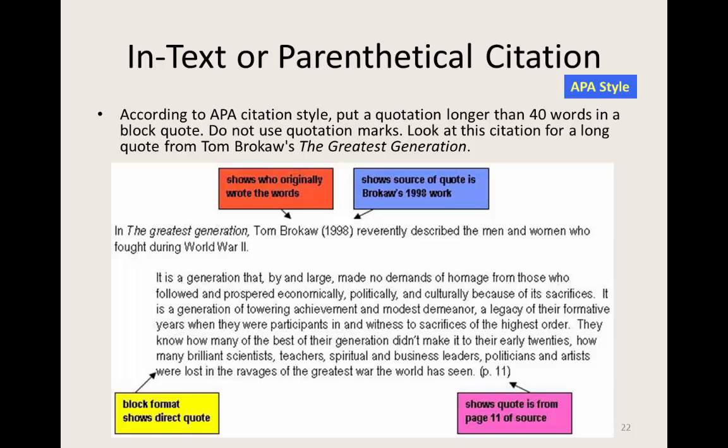They know how many of the best of their generation didn't make it to their early 20s, how many brilliant scientists, teachers, spiritual and business leaders, politicians, and artists were lost in the ravages of the greatest war the world has seen. Then we have (p. 11). So the block format shows that it's a direct quote. It's indented. And then the p. 11 shows the quote is from page 11 of the original source.